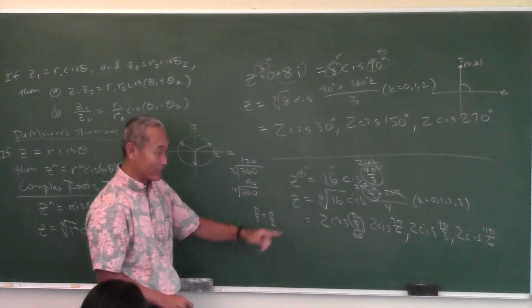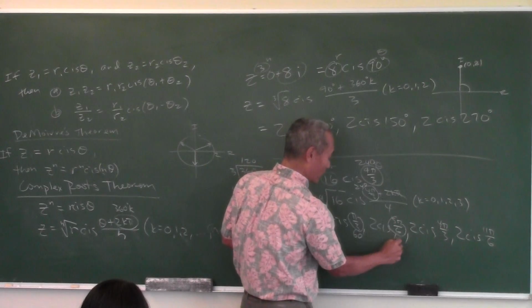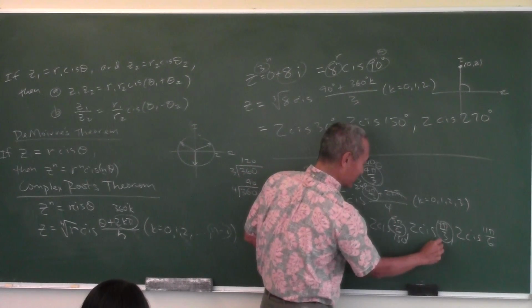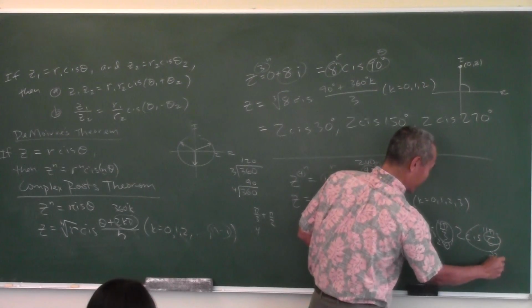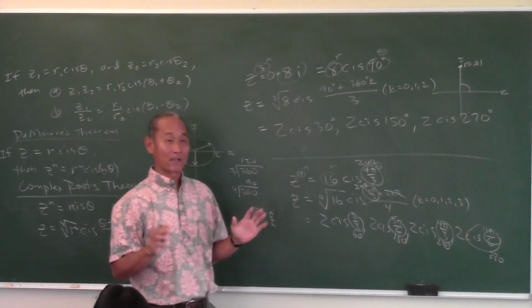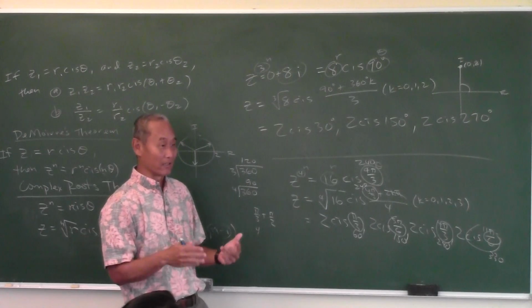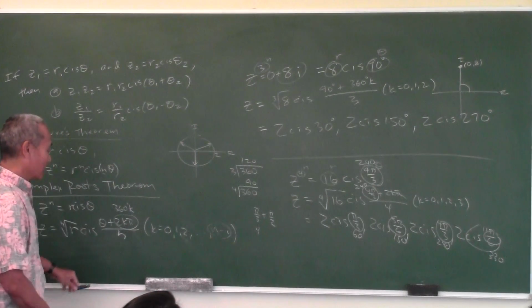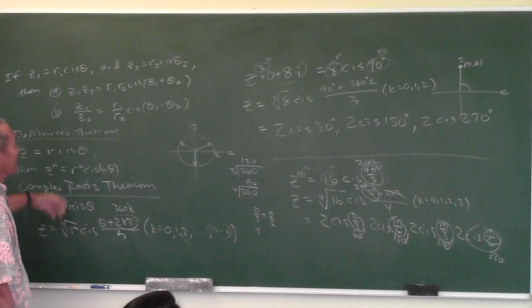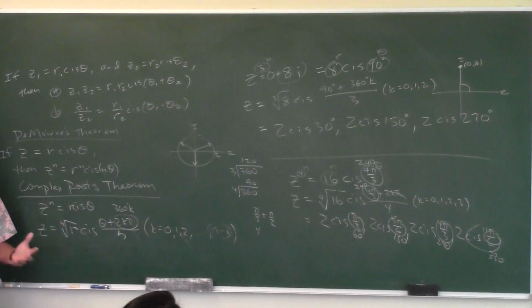Add 90 to 60, what do you get? Add another 90. 240, add another 90. 330. See, it will never go past 360, if you're doing it correctly. So tonight's homework, all you gotta do is just follow the examples I did, you should be fine.